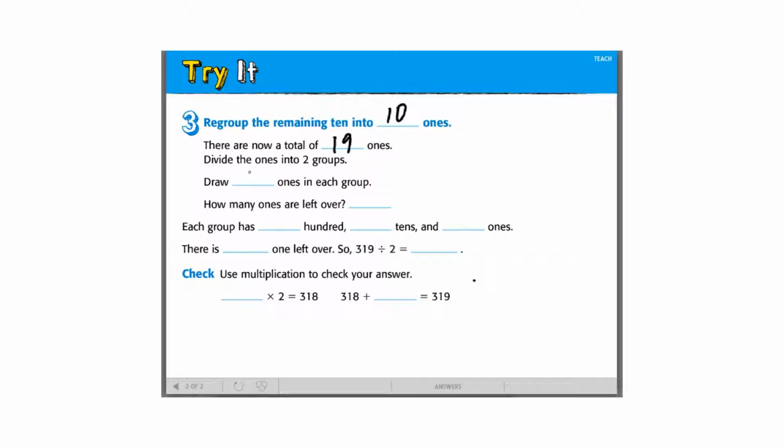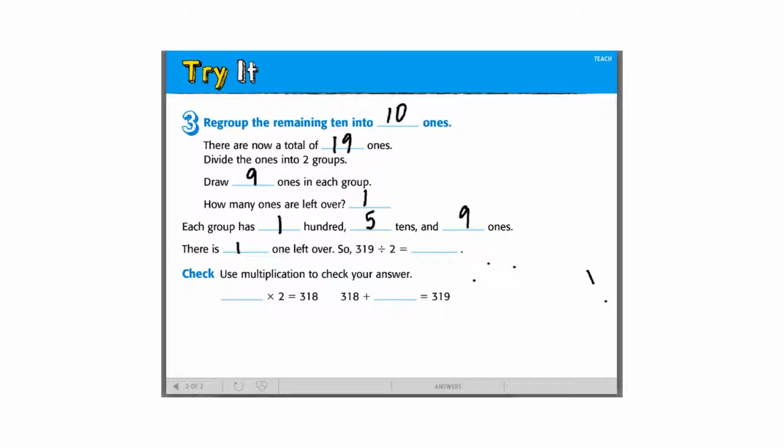We put 9 in each group, and we had 1 left over. So each group had 100, 5 tens, and 9 ones. And there was 1 left over.